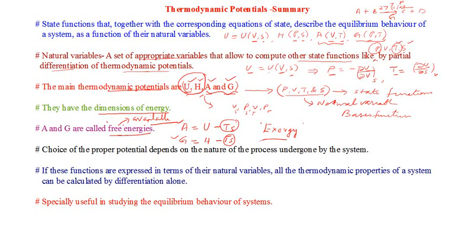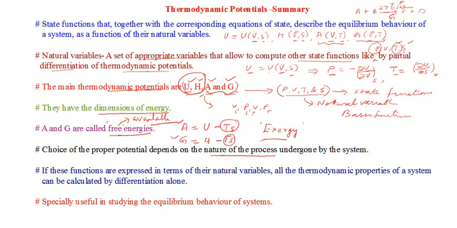Now, choice of the proper potential. We have seen that U, H, A and G are all potential functions, and which potential function has to be used for describing the properties of a particular system depends on the nature of the process undergone by the system.